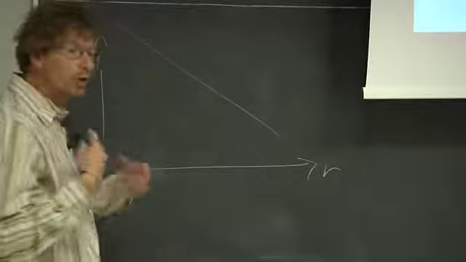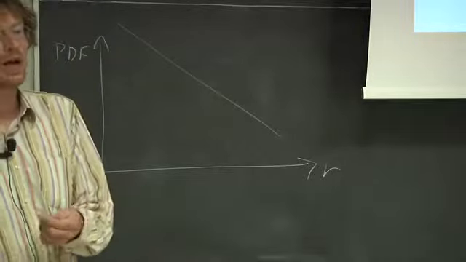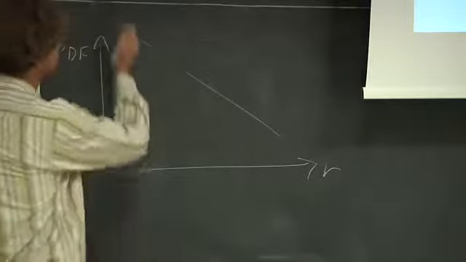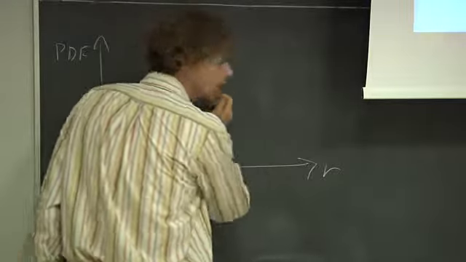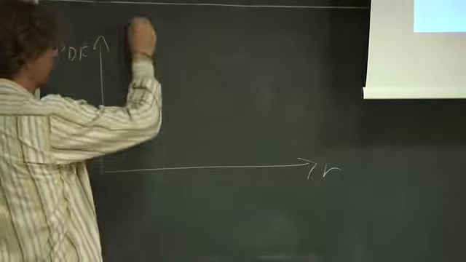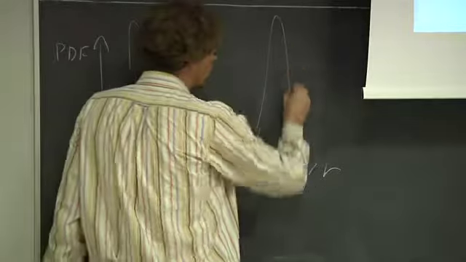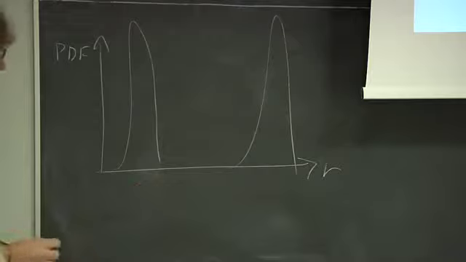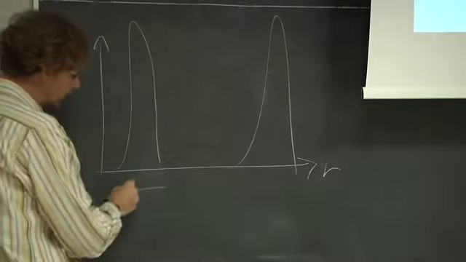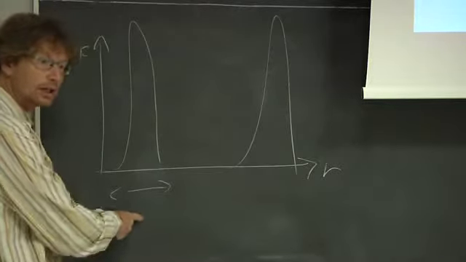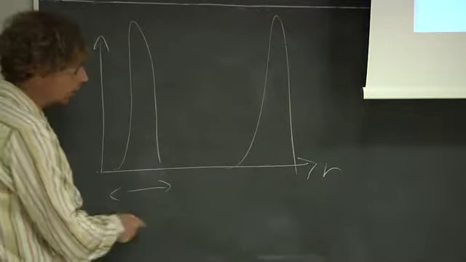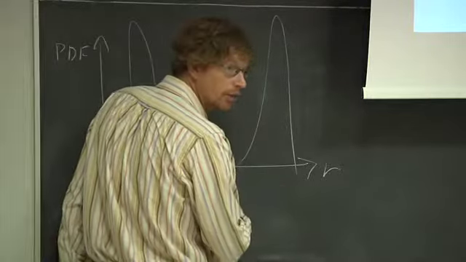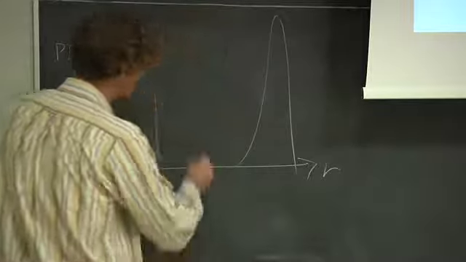The processes that act to form rain or cloud droplets are highly nonlinear, and they tend to favor one of 2 states. This is highly schematic, but you tend to find either that droplets are in a very small radius category, or that they're in a much larger raindrop size category.